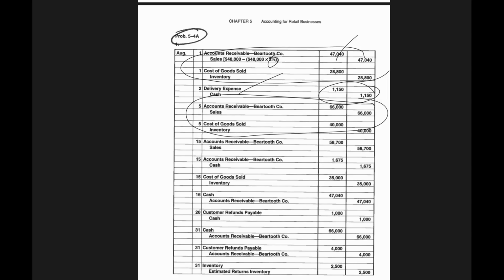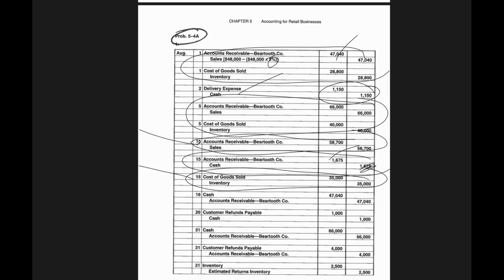So here's our sales transaction, AR and sales, and then we also had the cost of that inventory right here. So we got transaction 1 and transaction 2, but we also paid that freight, which was added to the invoice. So they're going to have to pay us that as well. So we credit cash because we paid it, but they will reimburse us the freight of $16.75.